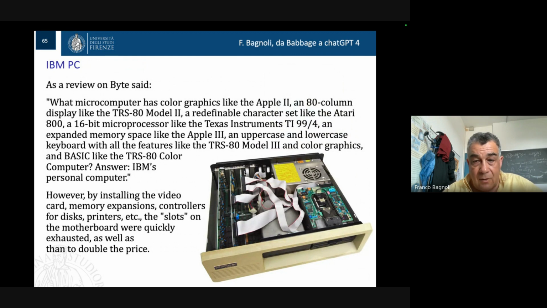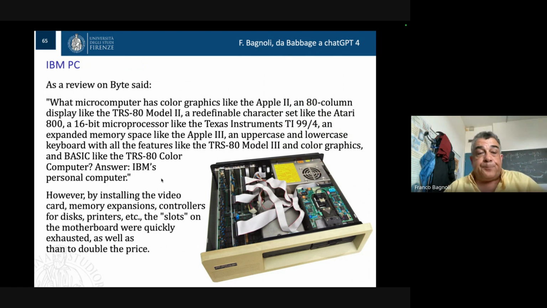You can see that almost everything connected to external devices like a floppy disk, a hard disk, printers, and so on, video card, are essentially cards that had to be fitted inside the bus. And this was one of the first problems, because there were, I think, 8 expansion slots, and they were quickly filled just if you want to have one hard disk, one floppy disk, the monitor, the printer, and a few things.